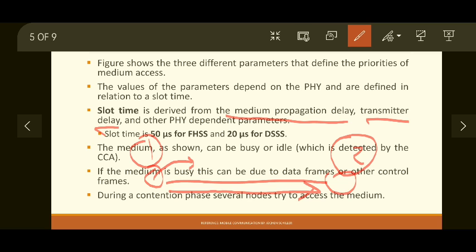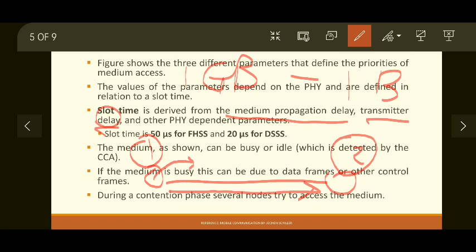If a packet size is 1 GB, which will never be the case, but just for example, the transmitter delay will be much larger compared to a packet size of 1 byte. 1 byte of data can easily be transmitted, but 1 GB of data takes a lot of time for transmission.